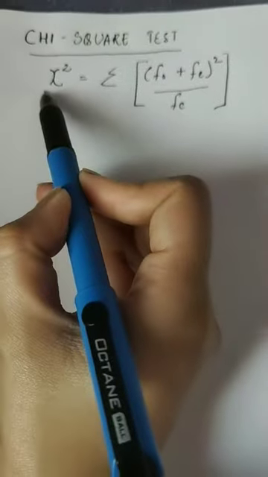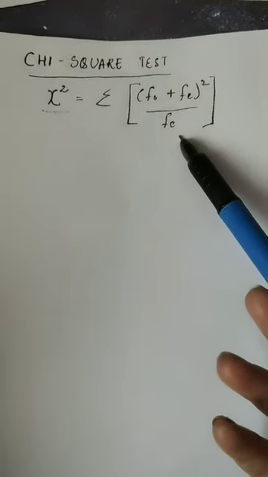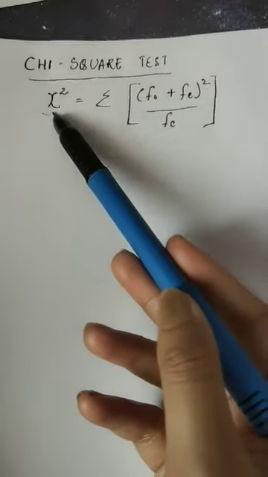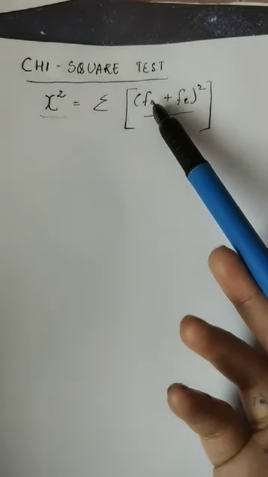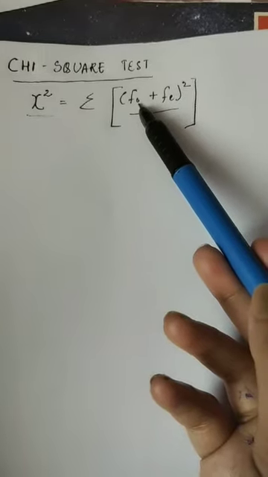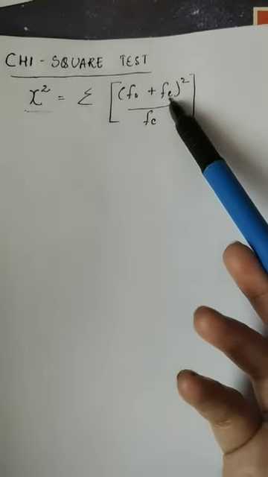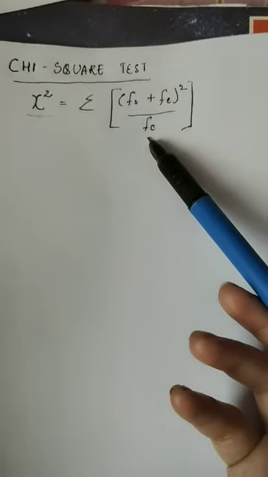This is the symbol of chi-square, and this is its formula. Chi-square equals the summation of the square of observed frequency minus expected frequency, divided by expected frequency.